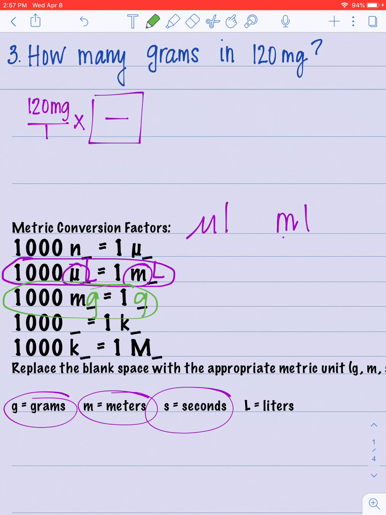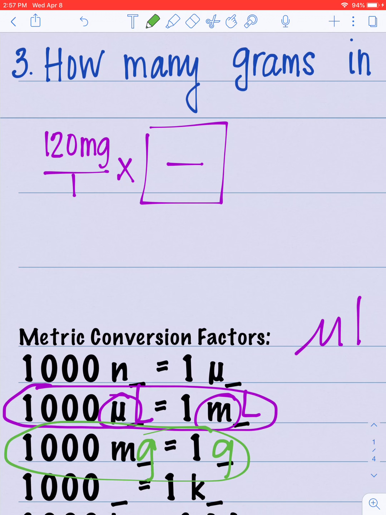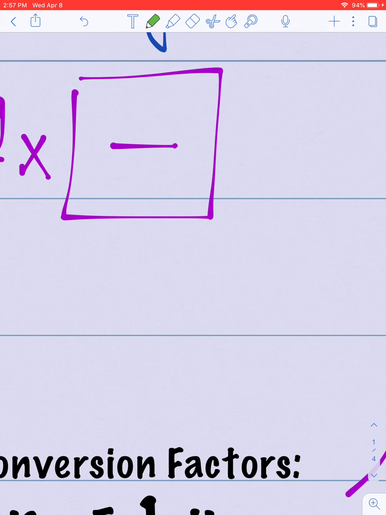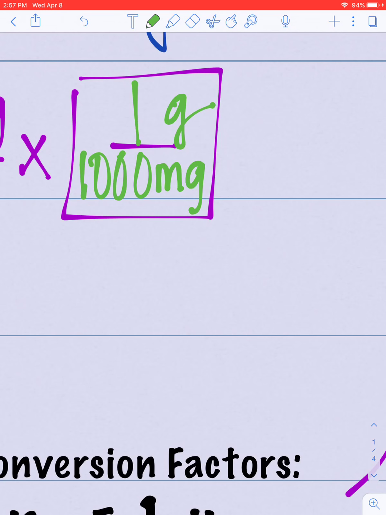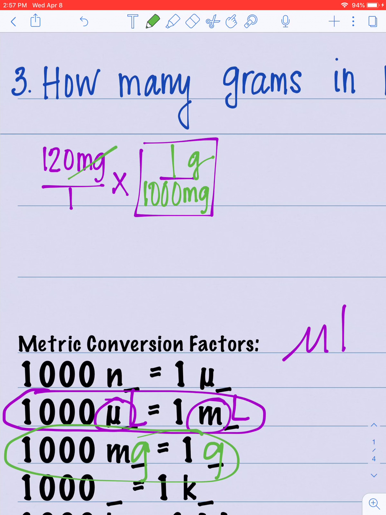All right, so let's go ahead and plug in the conversion factor that we know up here. Again, you can always feel free to start off with the units. And we know that we have 1,000 milligrams in 1 gram. Go ahead and cross cancel. The crisscross rule tells us to get rid of those units. And then again, we just multiply across the top.